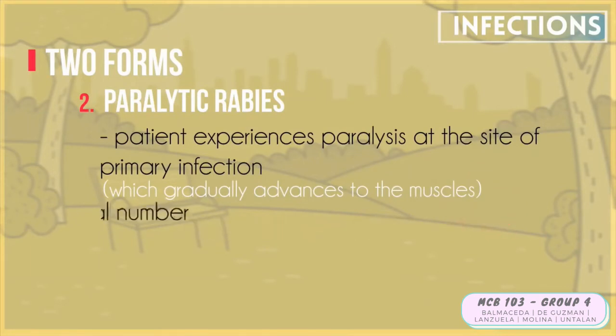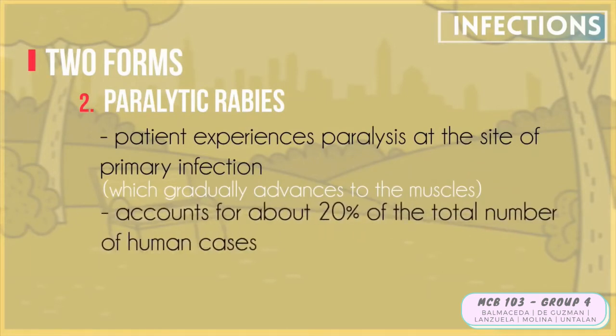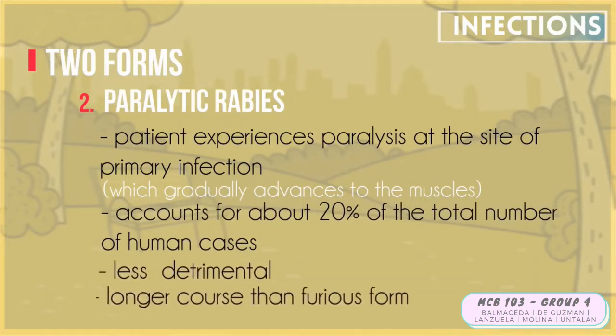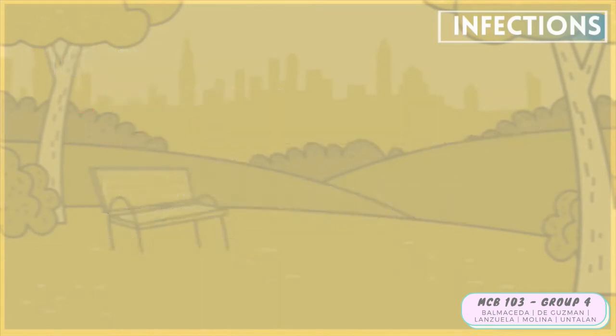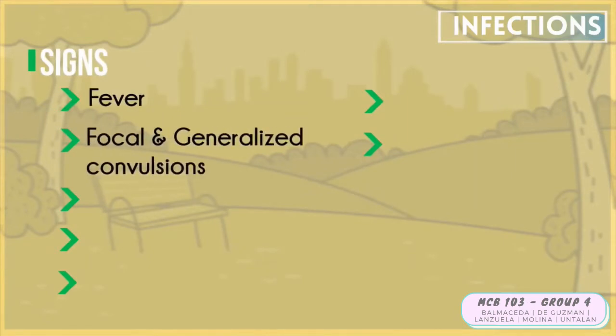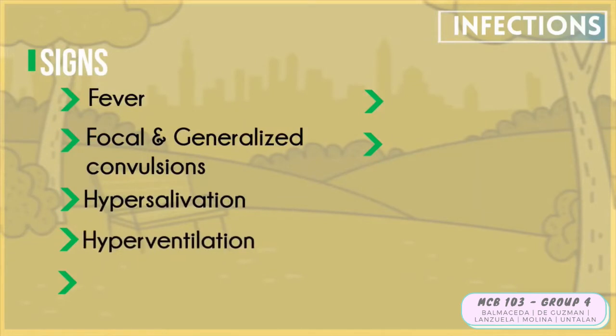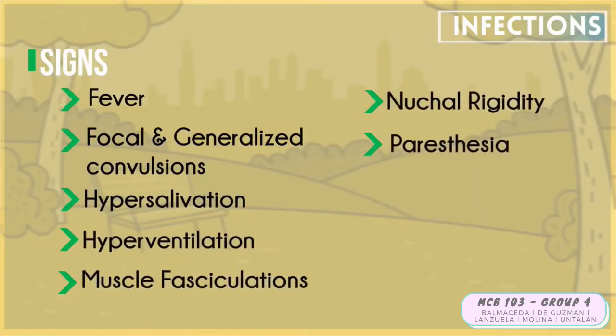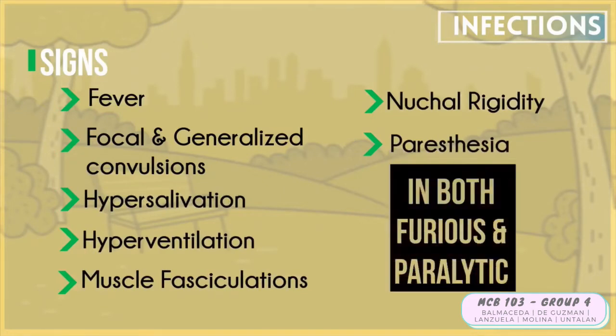This form of rabies accounts for about 20% of the total number of human cases and is considered less detrimental, however, usually with a longer course than the furious form. On the other note, several signs including fever, focal and generalized convulsions, hypersalivation, hyperventilation, muscle fasciculations, nuchal rigidity, and paresthesia may be observed in both forms of the disease.